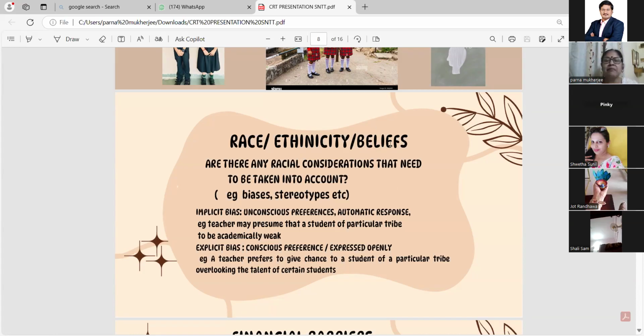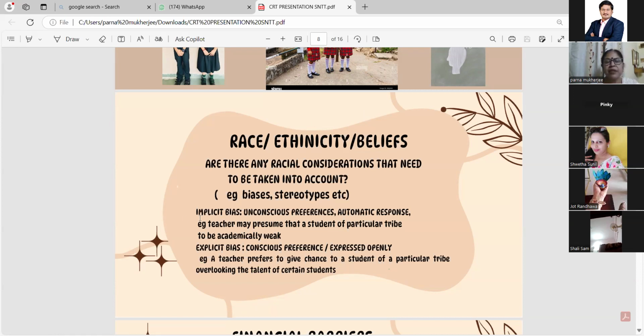Beliefs. Belief is another very big problem. If you believe that you are right, it becomes very, very difficult to change your mindset. And if you are not able to change your mindset, you will not be able to deliver it to the students for a change.